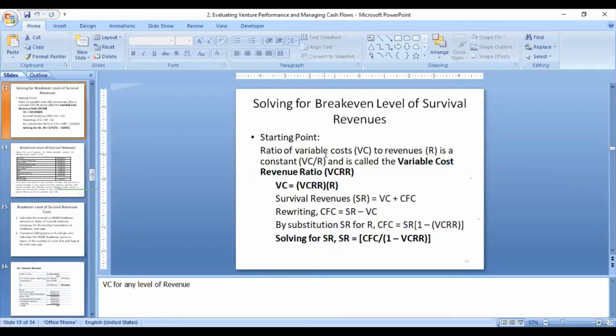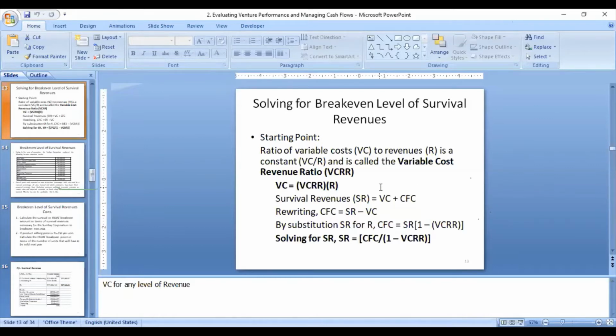As a starting point, normally you calculate the variable cost to revenue ratio as variable cost divided by revenue. That is what we term the variable cost revenue ratio. When at the survival revenue, as explained in the previous slide, variable cost plus cash fixed cost is equal to the survival revenue.